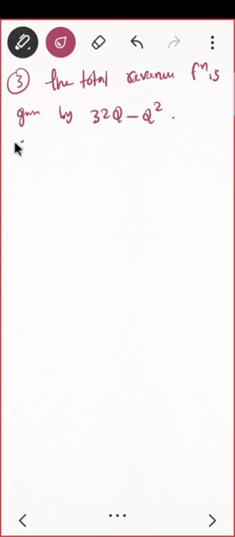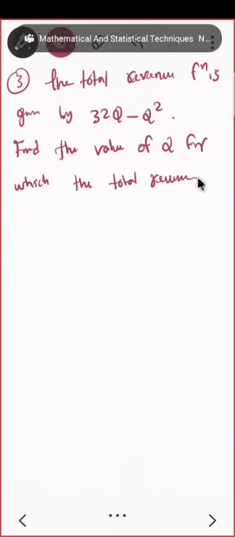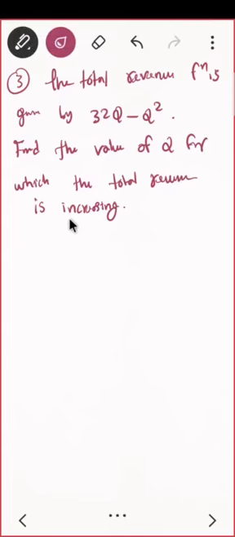Find the value of q for which the total revenue is increasing. Okay, anybody?